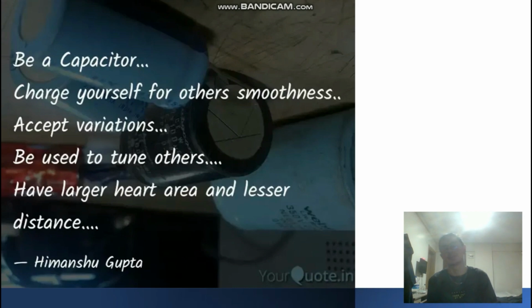Of course, this is not a technical code for capacitors. This is like a metaphor. You can understand it better when I explain more about capacitors in the next slides.